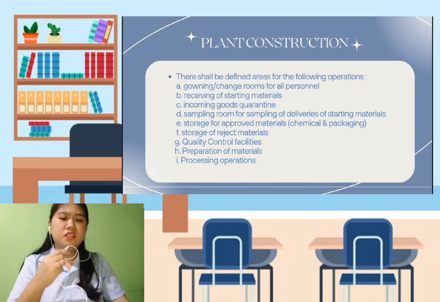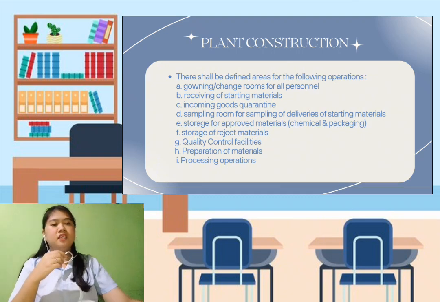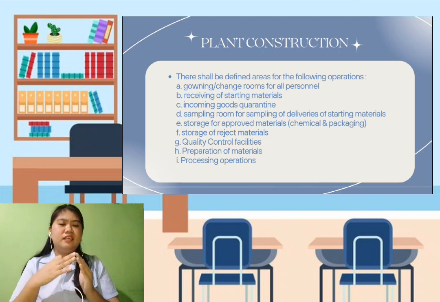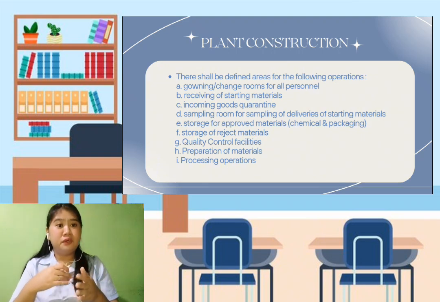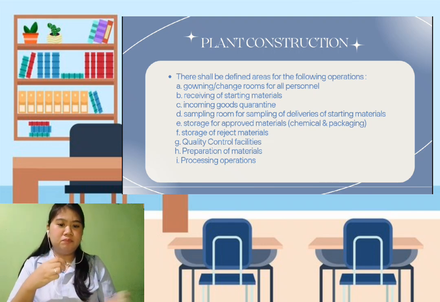3.8, there shall be defined areas for the following operation. So letter A is gowning or change room for the personnel. So of course, like I said earlier, there is a designated room for the gowning and changing room for the personnel. So syempre, in order not to transfer bacteria and body fluids, merong separated na room para sa mga personnel.